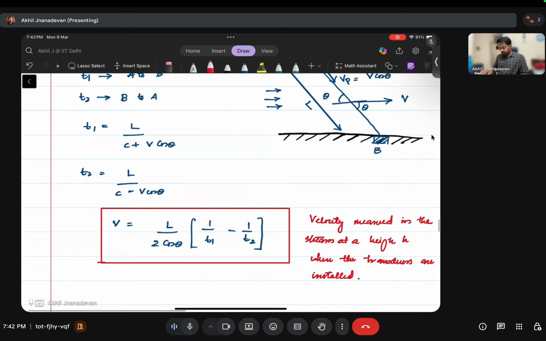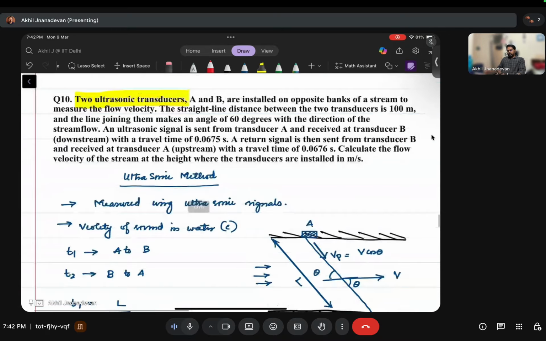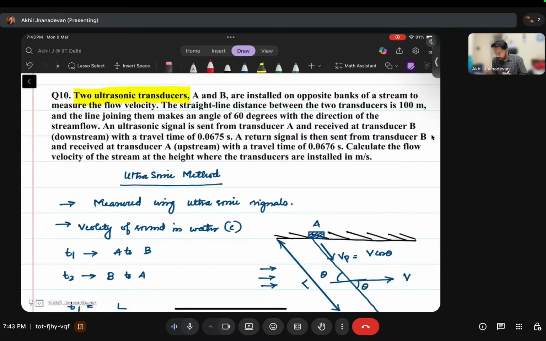Now we can move on to the question, which will most probably be based on direct substitution only, if we know the theory. A and B are installed on opposite sides of the stream. The straight line distance between them, that is capital L, is given as 100 meter.